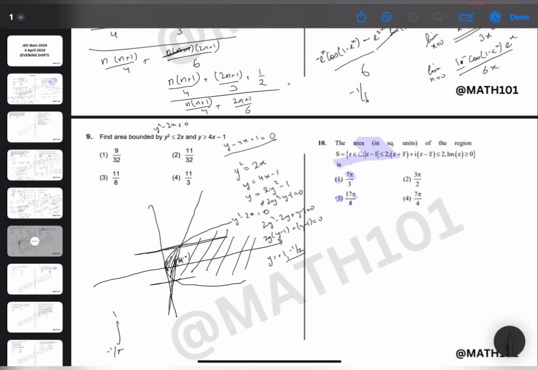So at y equals a, or y equals any of the points between minus half to 1, if y equals a, x is y square by 2.